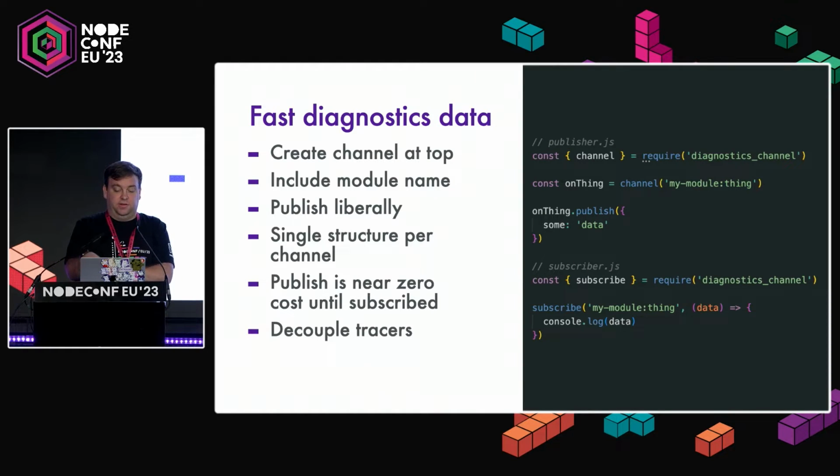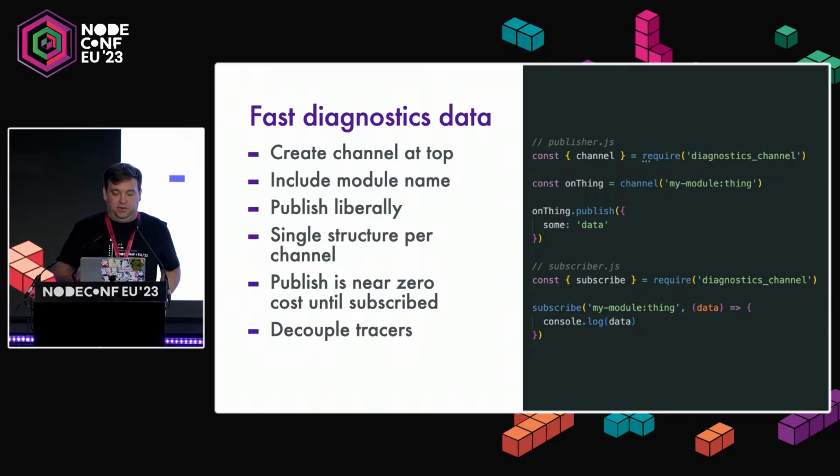This model of putting things in a named channel and then subscribing somewhere else allows us to decouple tracers from the libraries. We don't need to have some interface where we pass our tracer object into your module. Some libraries have added support for certain tracers, and they have to do a bunch of extra work to have an interface to receive this tracer.